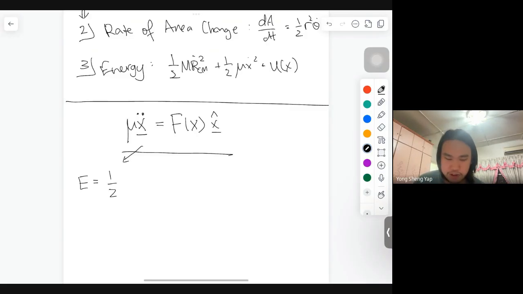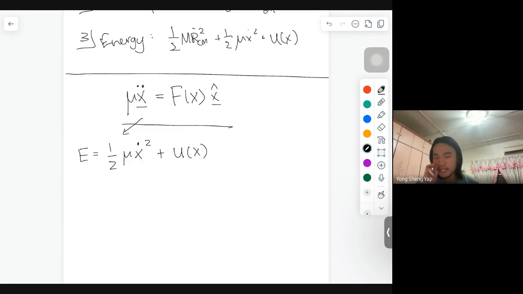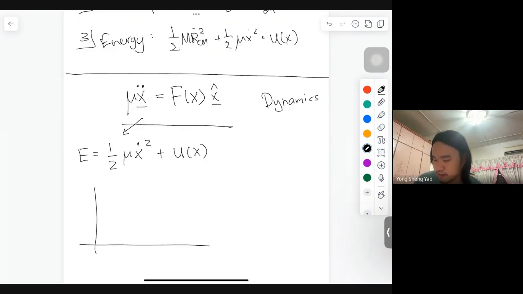Basically, let's just take a step back and look at the energy of the system. The dynamics of the system can actually be seen by looking at the total energy of the system. So remember that x dot is the reduced mass basically traveling in some direction.